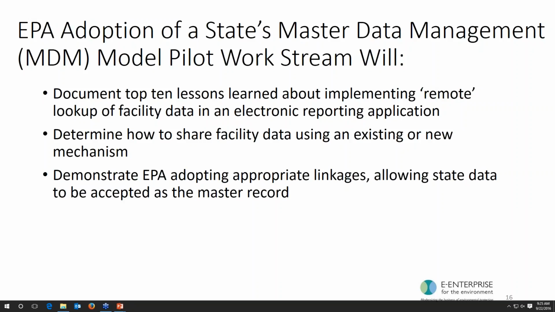So it's a matter of thinking on a one-on-one basis how we can get the EPA system to play with a state master data management system in a cooperative fashion.